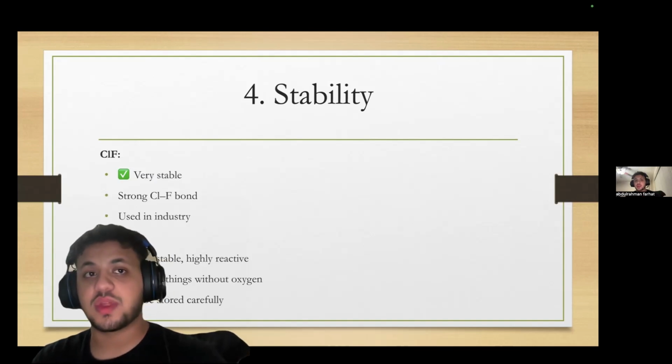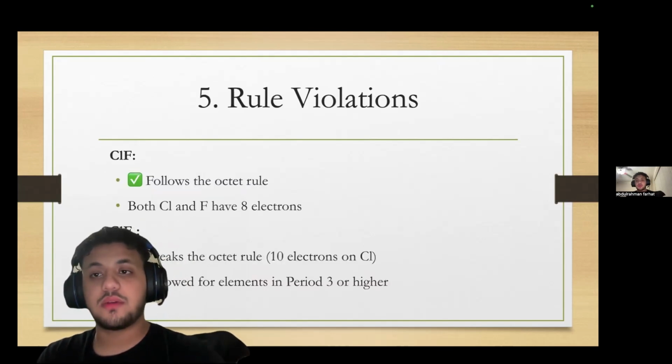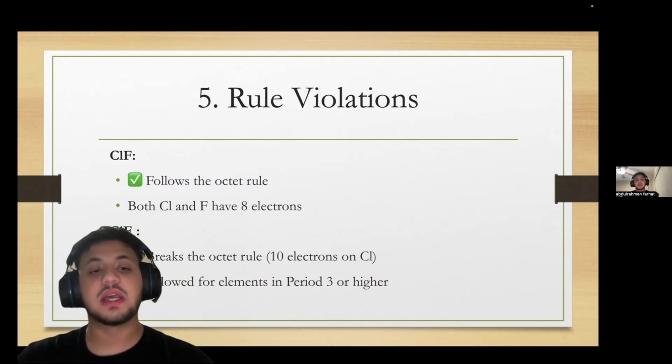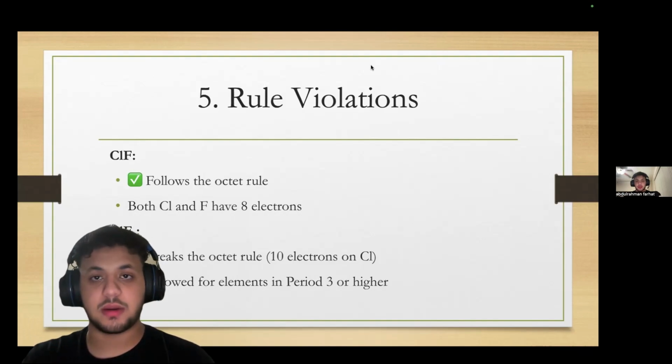It can ignite things without even the exposure of oxygen, and it must be stored carefully. On the rule violations, ClF does follow the octet rule, because both Cl and F have 8 electrons. ClF3 does break the octet rule, and it has 10 electrons on Cl, which is allowed for elements in period 3 or higher.